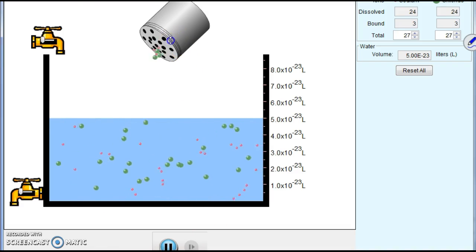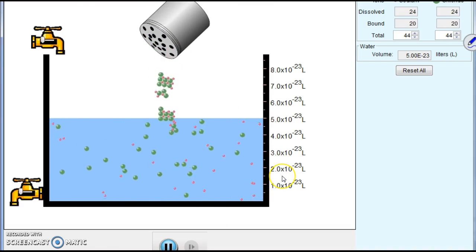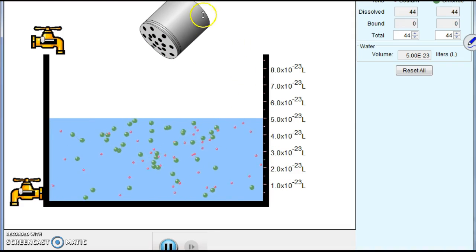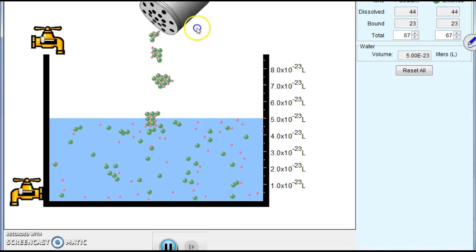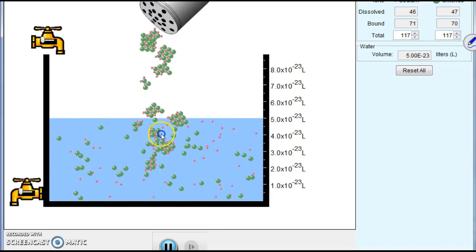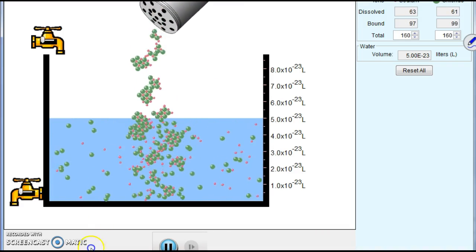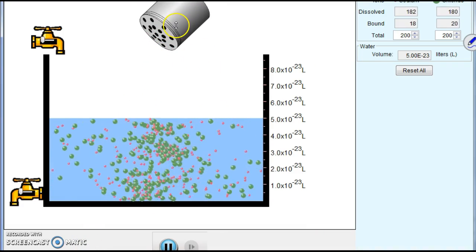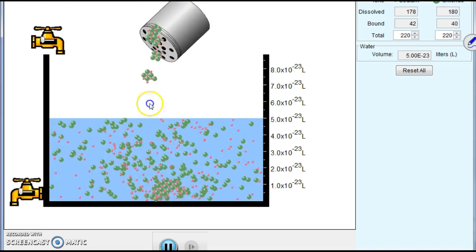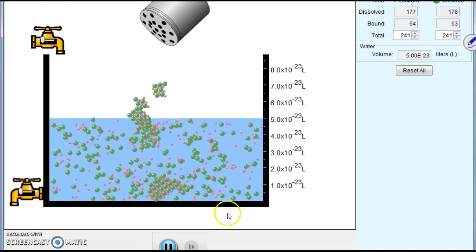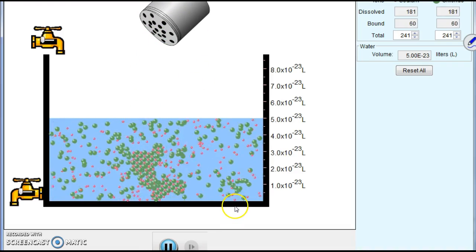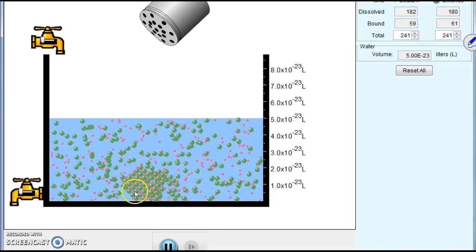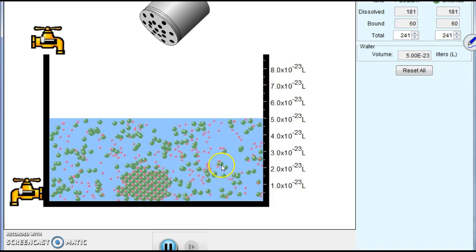So it's a really good solvent. So I can put lots and lots of salt in here, and eventually I'll run out of, see, I'm starting to already. I'll run out of oxygen and hydrogen atoms for those to attach to, and so I get like that salt sitting on the bottom, right?